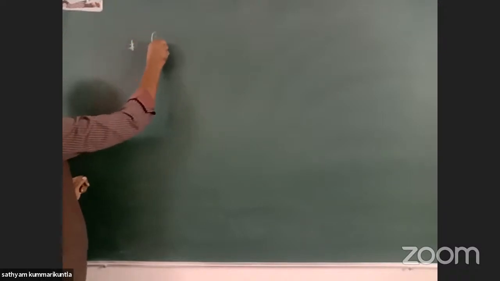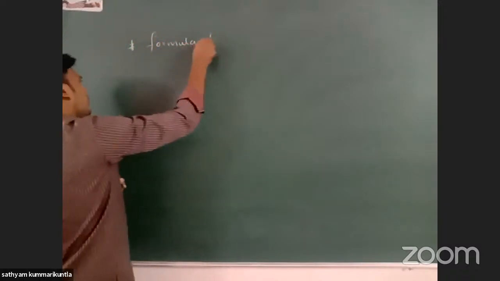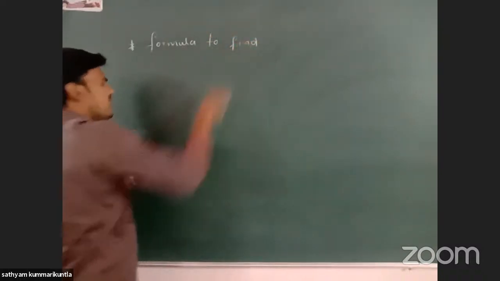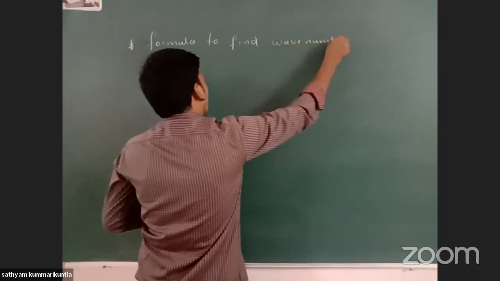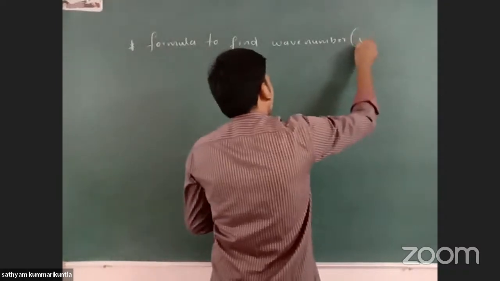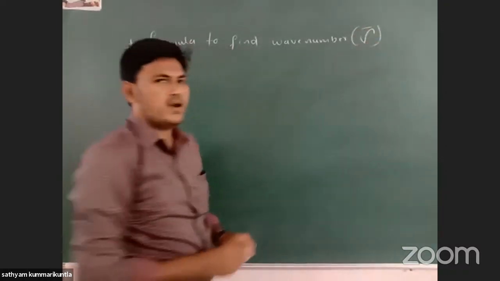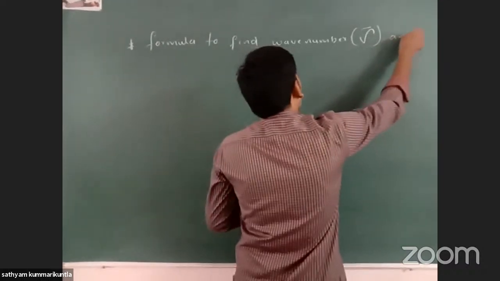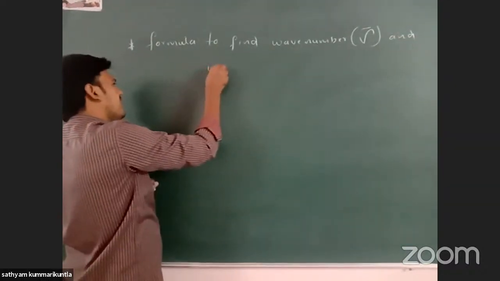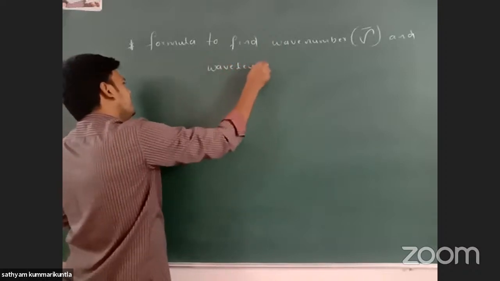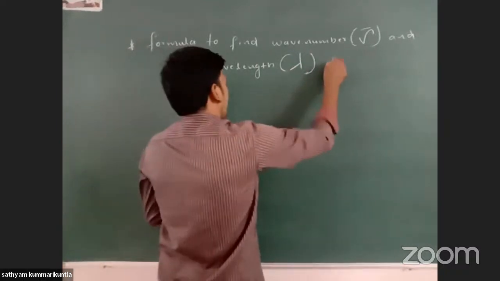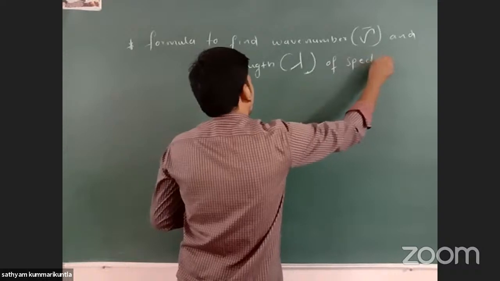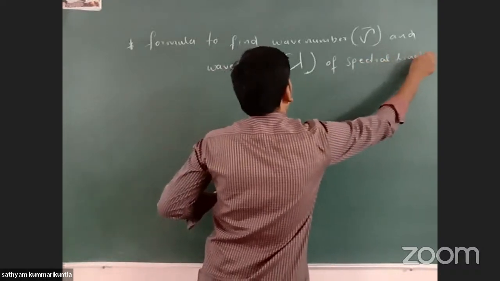Okay. Formula to find wave number and wavelength. Generally, wave number symbol is u bar, and wavelength symbol is lambda, for spectral lines.